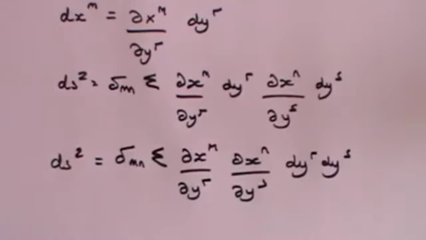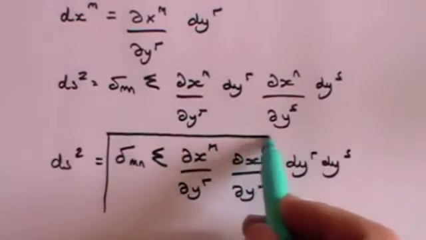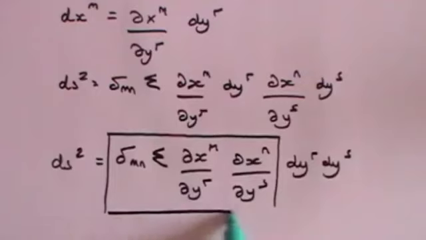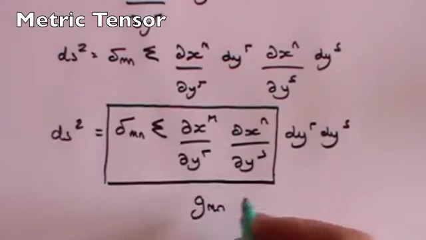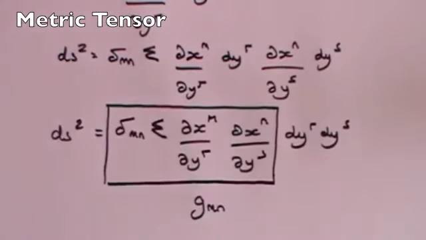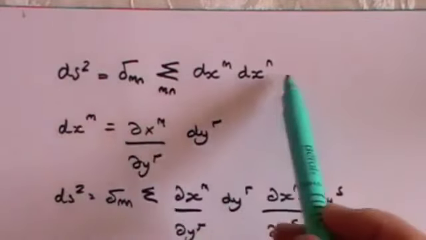And that's, as it were, a form of Pythagoras. But this term here is called the metric tensor. It's Gmn. And if you look, you'll see that there's an equivalence with what we derived up here as Pythagoras.